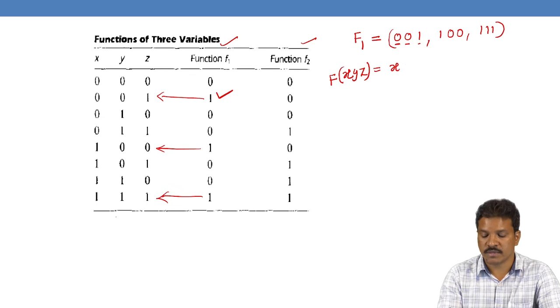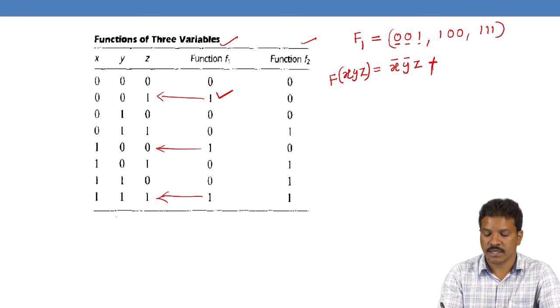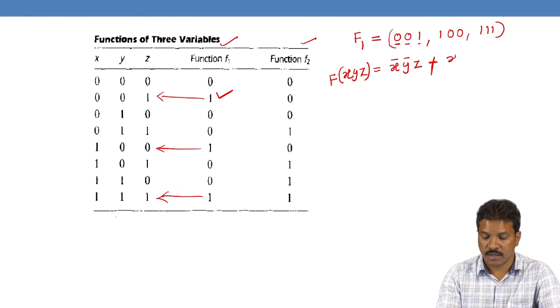In the minterms, 0 represents the complemented value, so the first term is x bar y bar z, plus another one x y bar z bar, plus x y z in the last term.